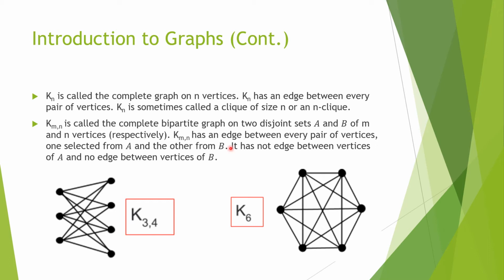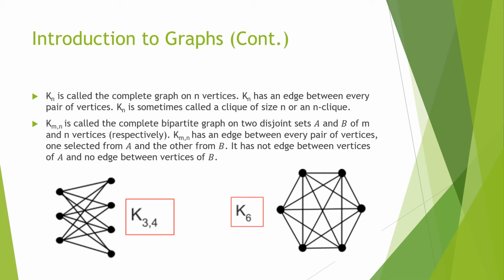Also, it has no edge between vertices of A, and no edge between vertices of B, which means among the set of vertices A, there should be no 2 vertices that are neighbors. So none of the vertices in set A are neighbors. Also, none of the vertices in set B are neighbors.